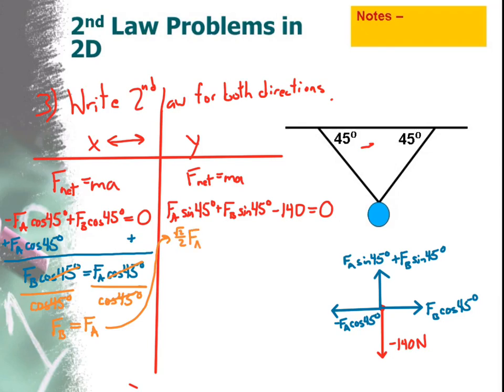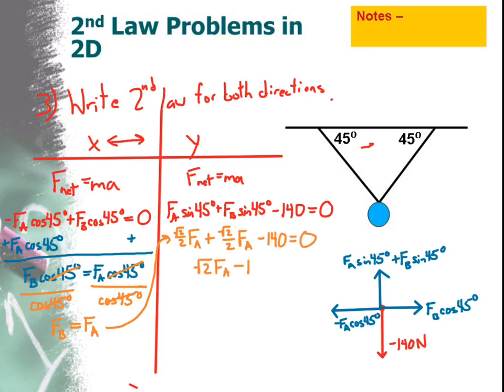And by the way, as I'm doing that, I'm also going to figure out what sine of 45 degrees is, and it happens to be root 2 over 2. So I'm kind of doing two steps at once there. So root 2 over 2 times f sub a plus, now here's the point where I find f sub b, so I'm going to replace it with what's on this side of the equal sign, which is f sub a. So now I have root 2 over 2 times f sub a.